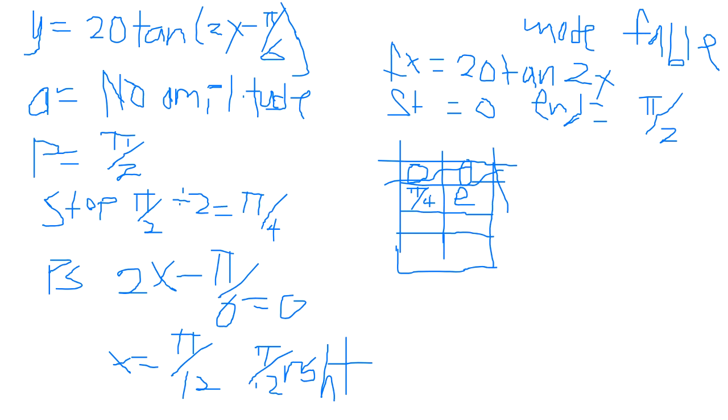Then our next point, when I add pi over 4, I will get pi over 2. If I put pi over 2, I'm going to get 0.